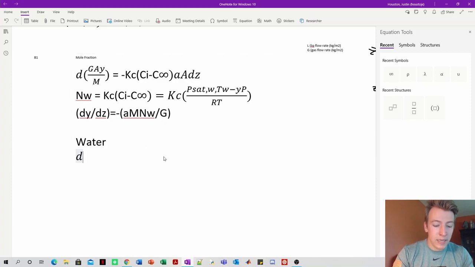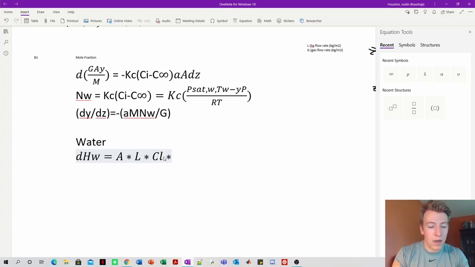So we're going to have dHW, which is the change in enthalpy of the water, which is going to be equal to the area times the liquid flow rate, capital L, times CL, which is the heat capacity of the liquid phase, times dTW, which is the differential temperature change of the liquid water.